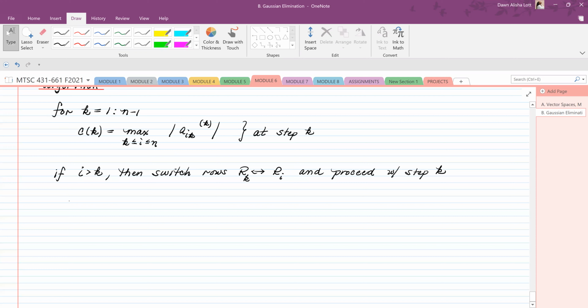And here i is the smallest index for which the max is attained. So you have to keep track of that.